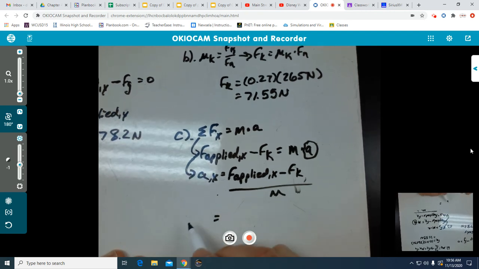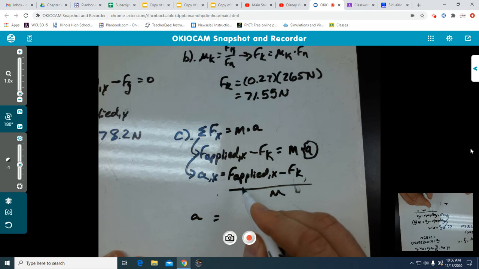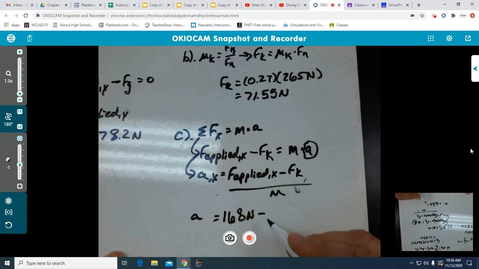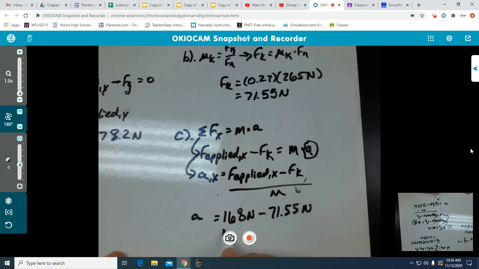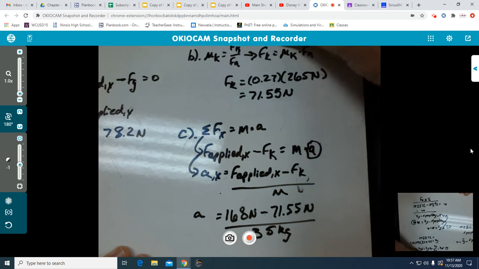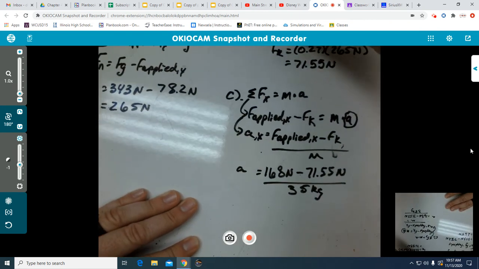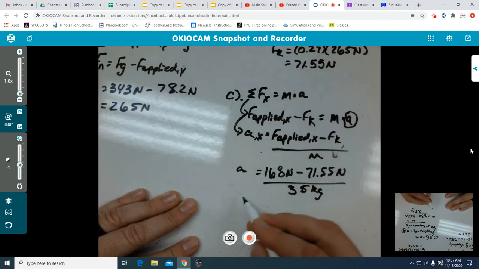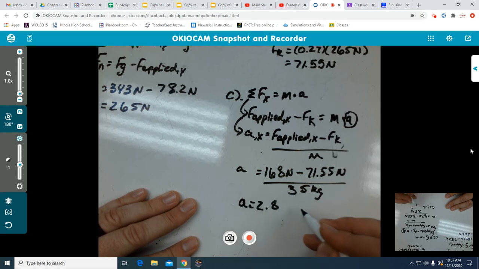Our F applied is 168, which we calculated in the very first step, minus what we just did in part B, 71.55 newtons, divided by 35 kilograms. When we subtract and then divide, we get an acceleration of the box of, again a rounded number, 2.8 meters per second squared.